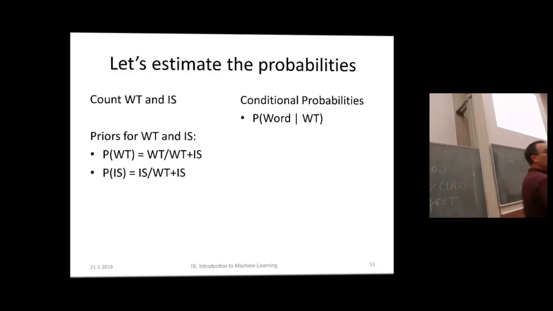Yeah? For our naive Bayes classifier. Because we do now the probability of intelligent systems. What is the probability of intelligent systems? That someone have chosen intelligent systems. What is the probability of this?